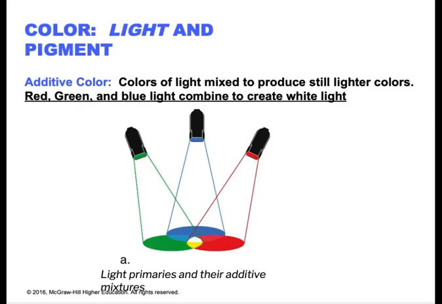So with light, you have the additive. And just remember, they're different. They have red, green, and blue as kind of the main three. And when your eye absorbs all three fully, you're seeing white light.